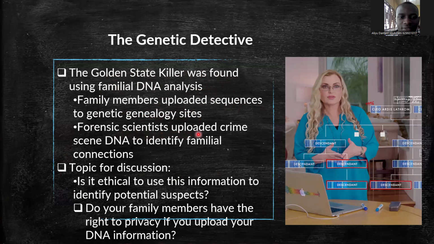Forensic scientists uploaded crime scene DNA to identify familial connections. Because family members of that killer had uploaded their DNA information online, they were able to zero in on the killer, because they had the DNA material from the crime scene that was not of the victim, but of the killer.